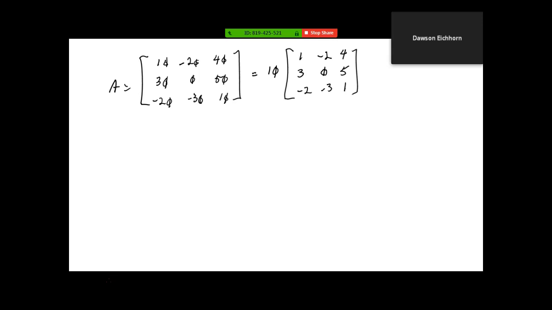Which way would you like to do it? Could you do negative 2 times column 1 plus column 2? Okay, you're doing a reduction on it, right? That sounds like a good thing to do. So let me do that. Don't forget the 10 out front, okay?